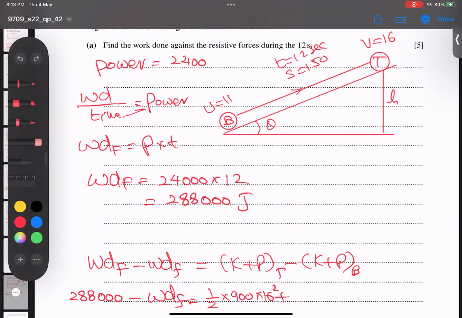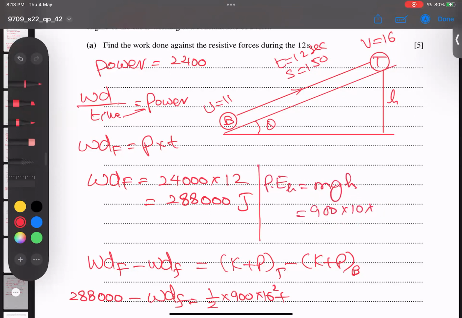Potential energy at a height H is mgh: mass is 900, g is 10, and the height is not known. This is the interesting part. So let's see how we can find the height.